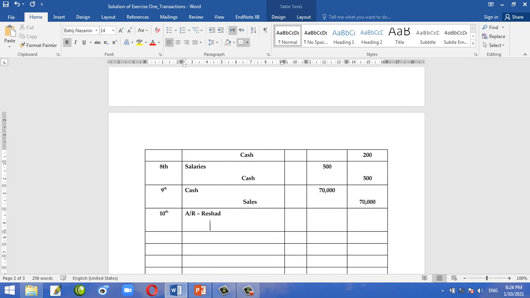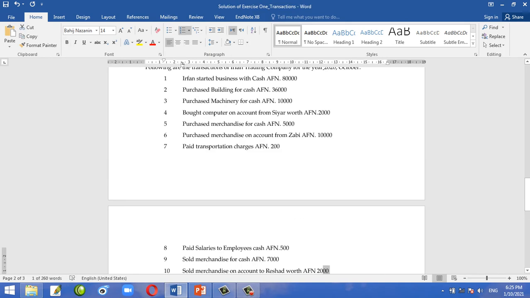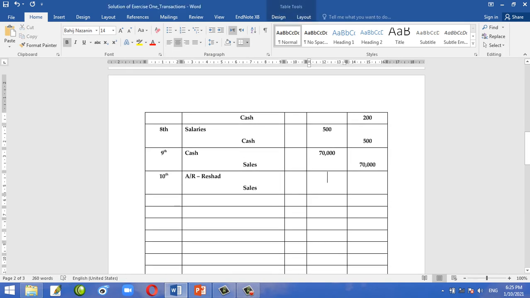Against what? Against sales of merchandise. You can write sales or sales of merchandise, but briefly you can write sales. Worth how much? Worth 2,000 Afghanis. 2,000 Afghanis we have on the debit side, and also 2,000 Afghanis on the credit side.